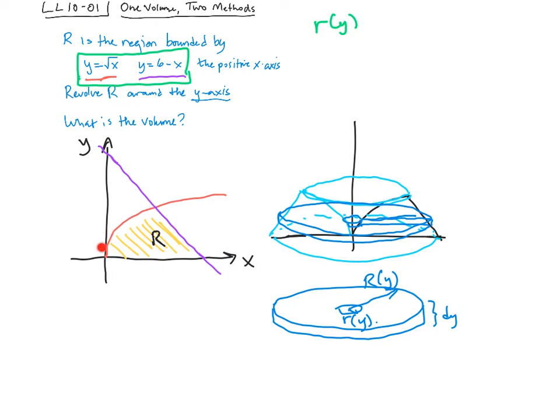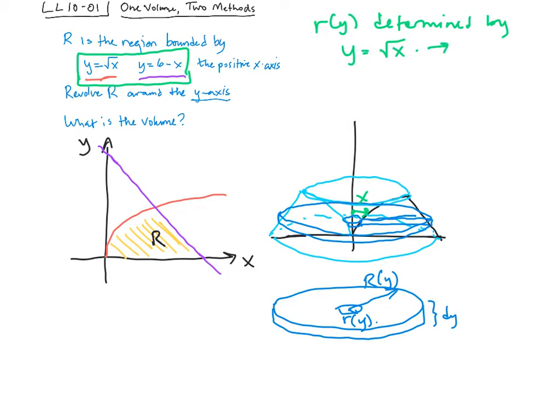The inner radius seems to be determined by the curve y equals square root of x. And that's going to be the value of x corresponding to whatever y is here. That value of x is going to tell me how big my inner radius is.